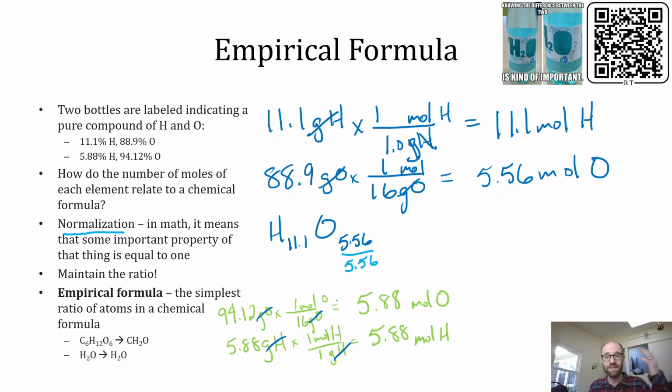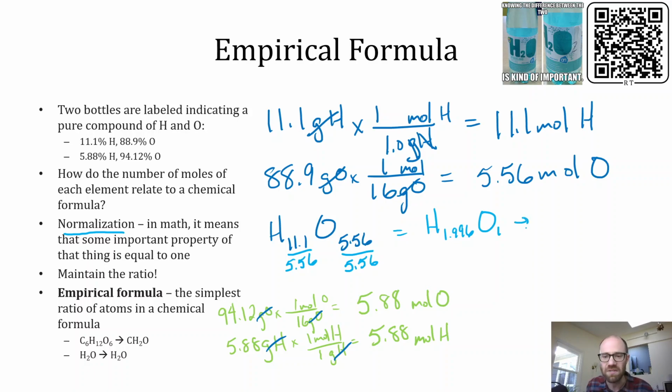However, since this is a mole ratio in a compound, whatever happens to the oxygen is going to happen to the hydrogen too. We need to maintain that ratio. So when we divide both of these out, obviously the O here is a 1, but we get 1.996 for the hydrogen.